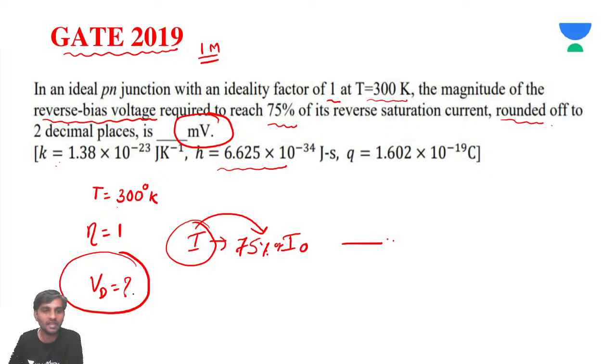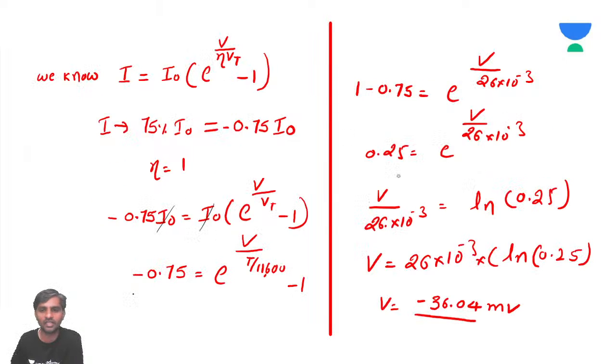Sir, if somebody wants to calculate in a different way, you can. I have considered Vt directly as 26 millivolts, but if you calculate kT by q, you may get a slightly different value, say 35.82.